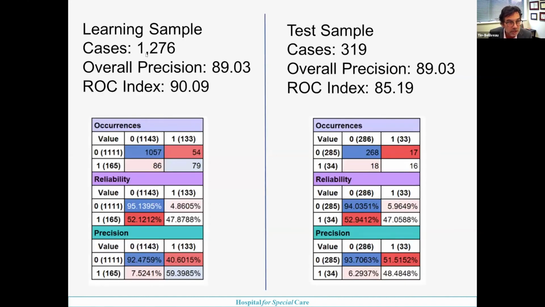So our learning sample had 1,276 cases, and the overall precision was 89%. In this example, it was a little bit better with the large number in the learning sample, and then the accuracy dropped down with a smaller case set of 319.